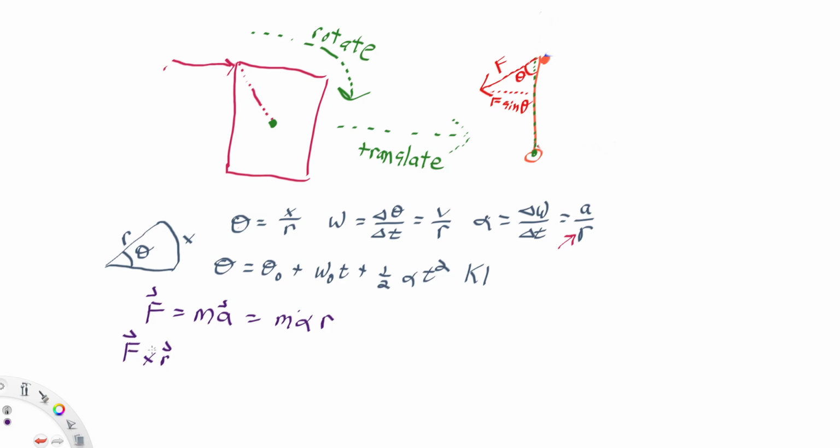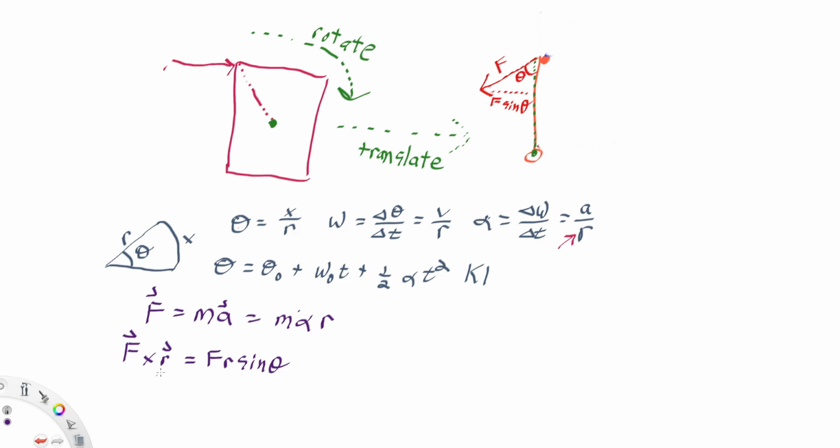And F cross r will always give you basically the perpendicular bit. And the amount of that will be F r sine theta, always, where theta is the angle between F and r.